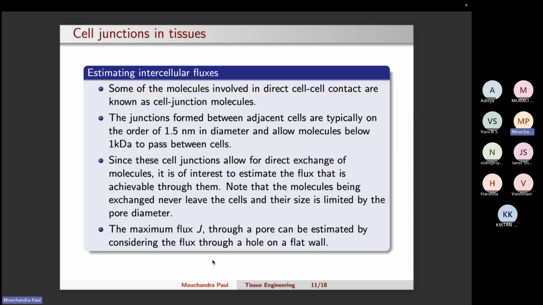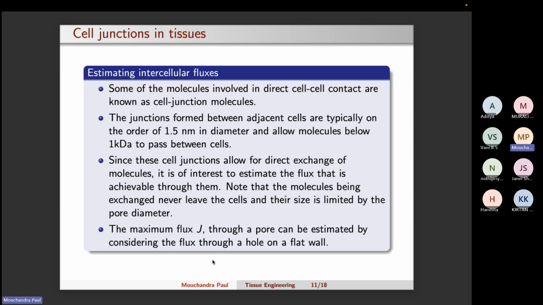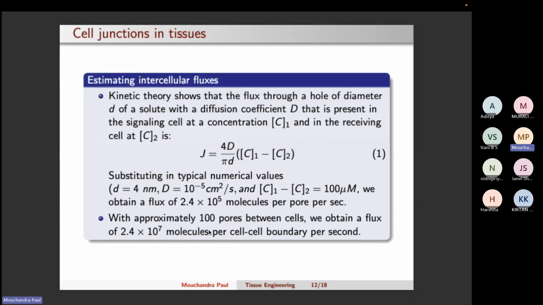This is a mathematical model that people use. The researchers who estimated this maximum flux thought that this type of model fits best in this scenario, which is why they used it. So the equation that they get from this model is this.